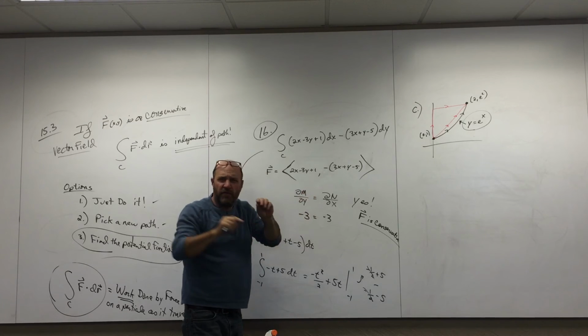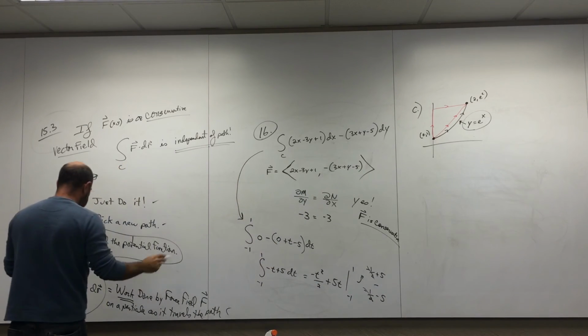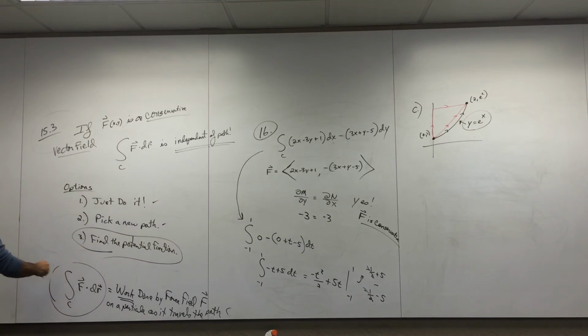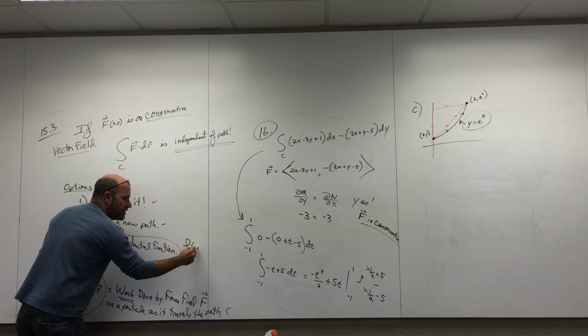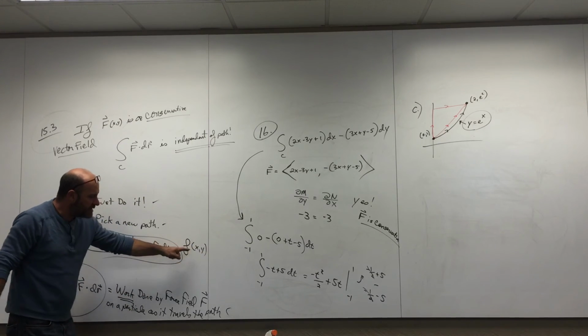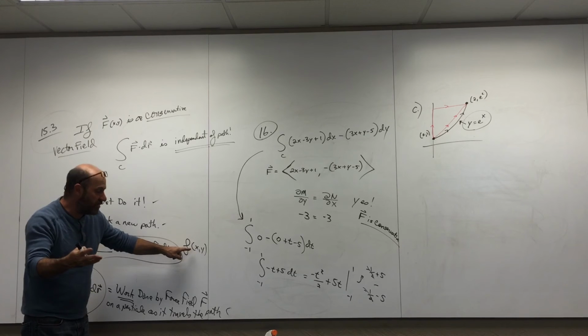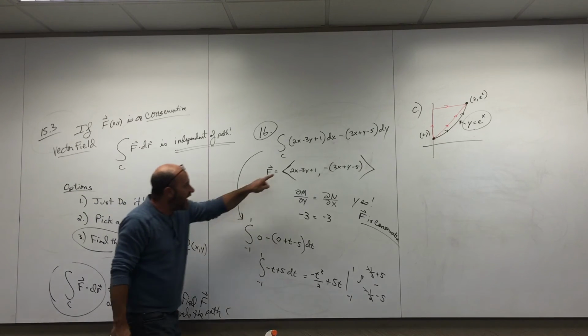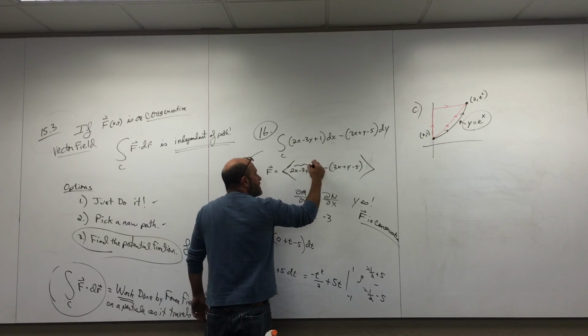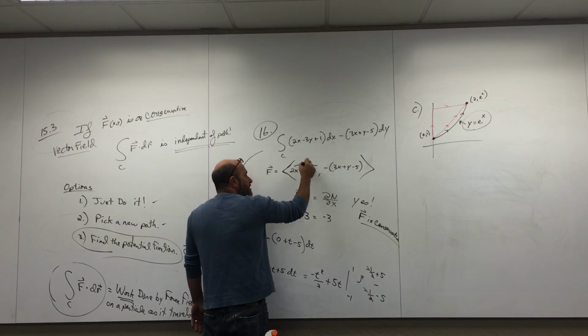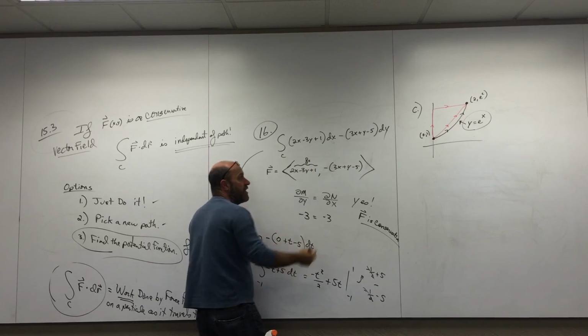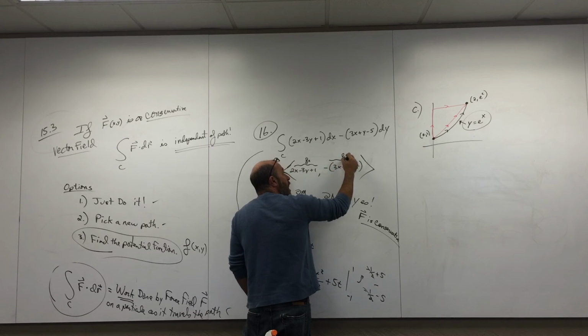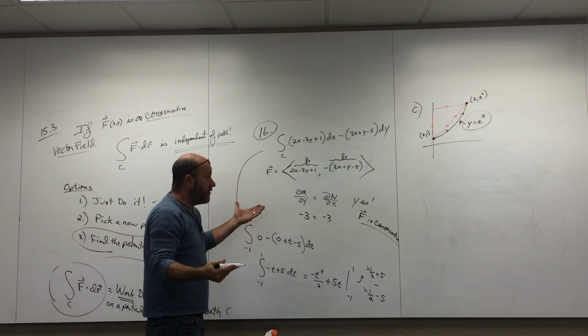So if you have a potential function and you take its gradient, you get the partial derivative with respect to x. If that's this, then this is, I know it's called m, but if it's conservative, then this is fx for some f, and this is fy for some potential function f.